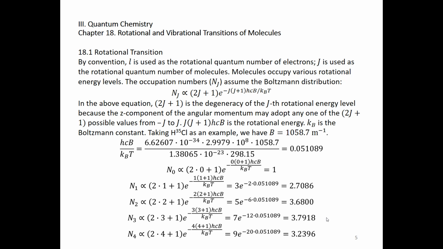The occupation number assumes the Boltzmann distribution. The occupation numbers are simply the number of molecules in various energy levels. So N sub J is proportional to (2J plus 1) times e to the power of negative rotational energy over kBT.